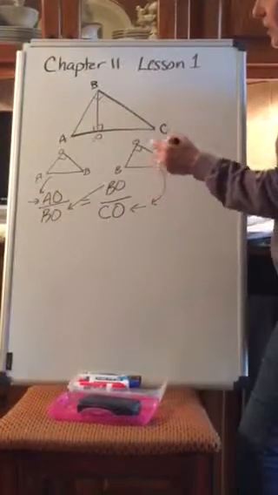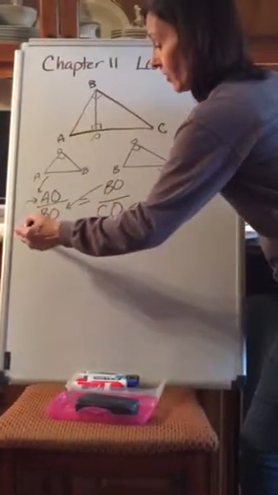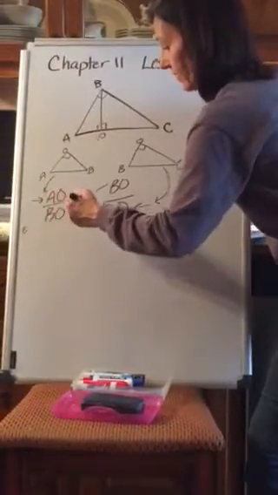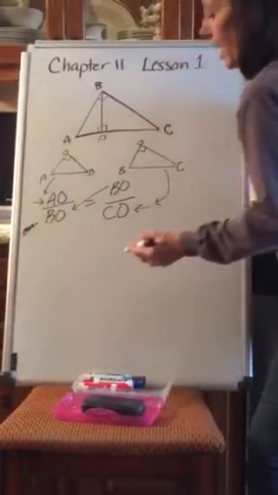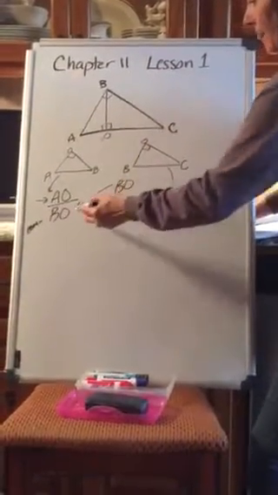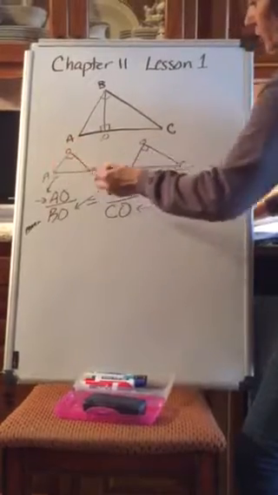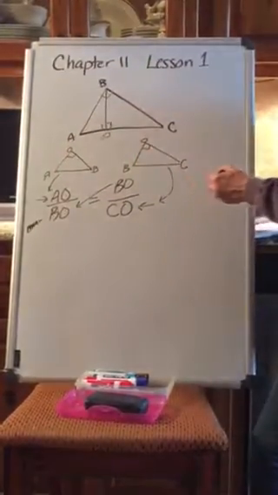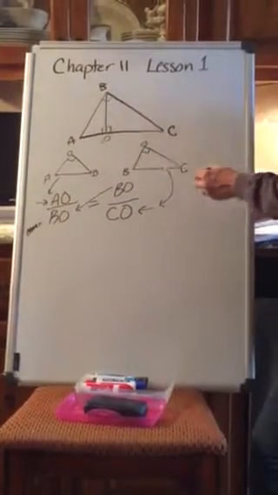Here are your extremes, and these are your means. So the smaller leg is the mean of the hypotenuse in this one.